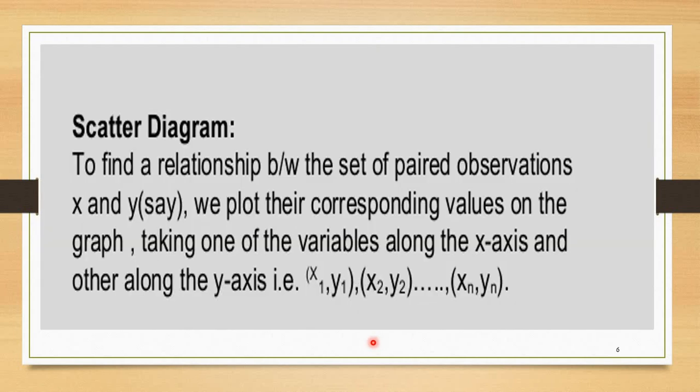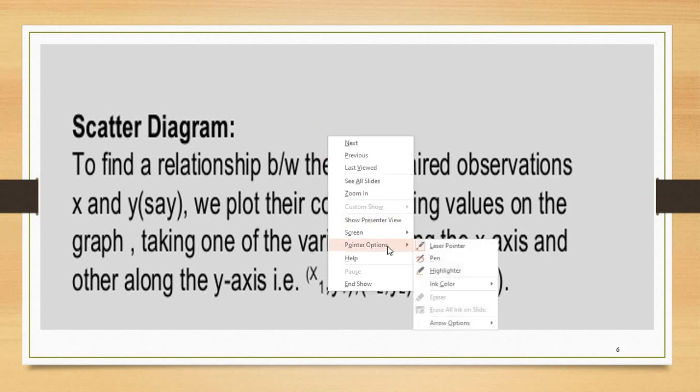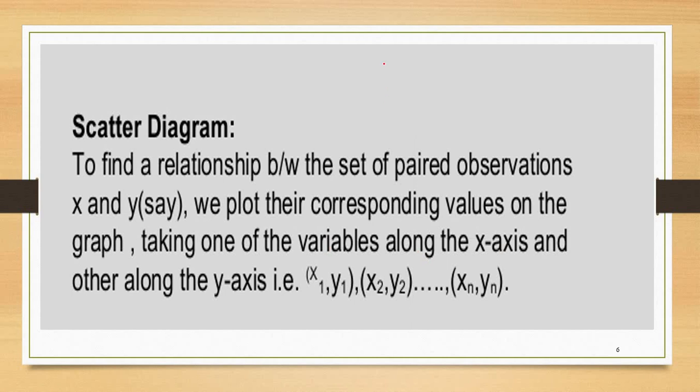Scatter diagram. To find a relationship between the set of paired observations x and y, let's suppose we plot their corresponding values on the graph, taking one of the variables along the x-axis and the other variable along the y-axis. A scatter plot is something like this.